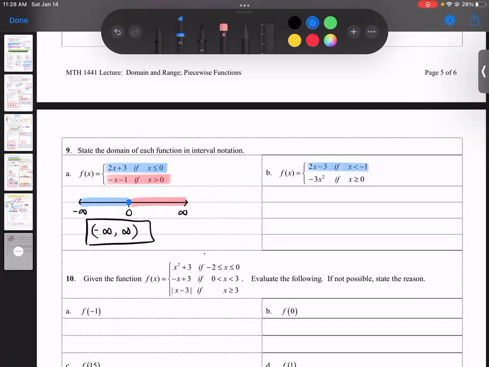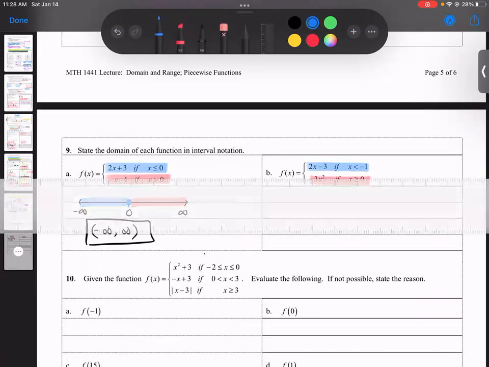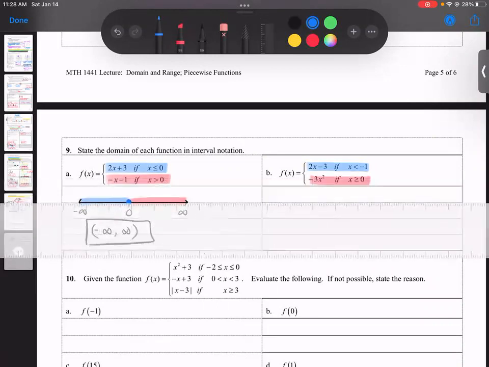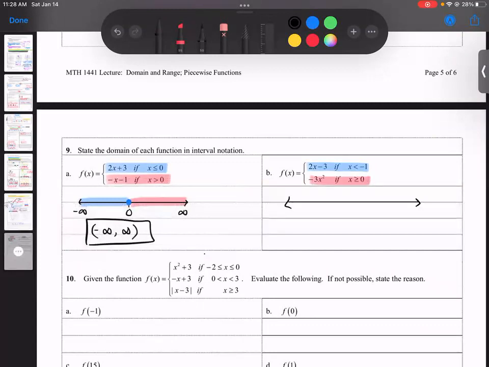Again, I'm highlighting this in blue, this in red. For the blue one, I have two values here: -1 and 0.